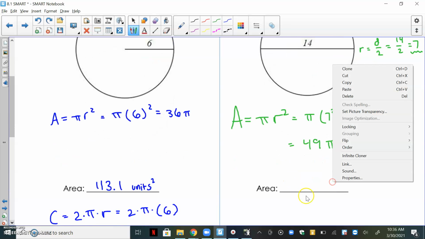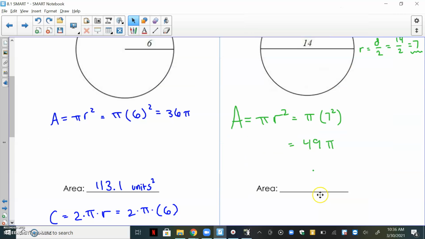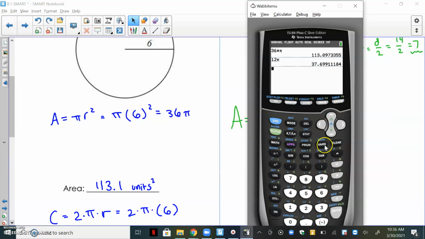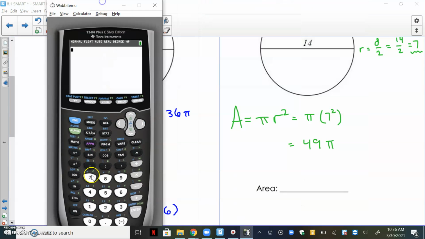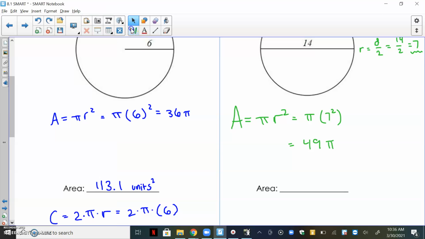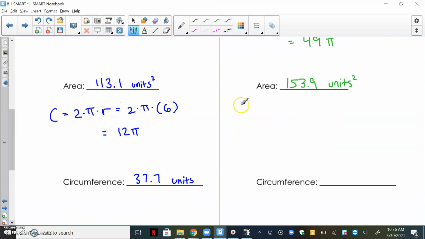That is what we will type in our calculator: 49 pi. And we get 153.93804. So let's do 153.9 square units. And we are now ready to find the circumference.